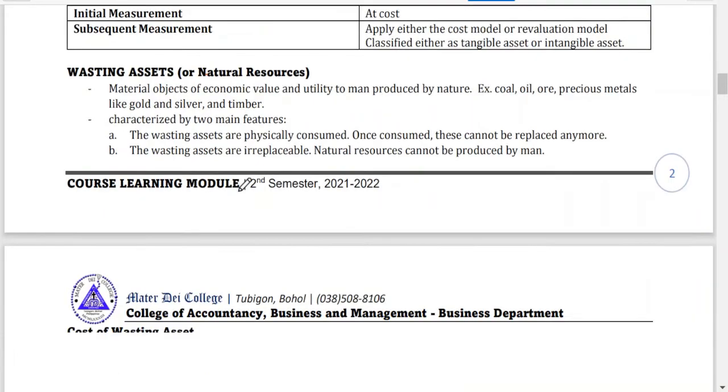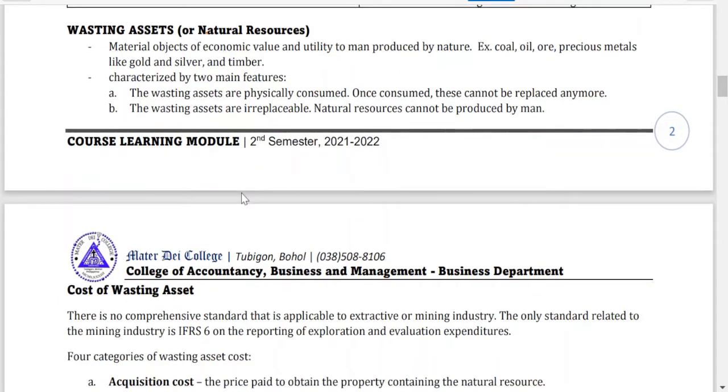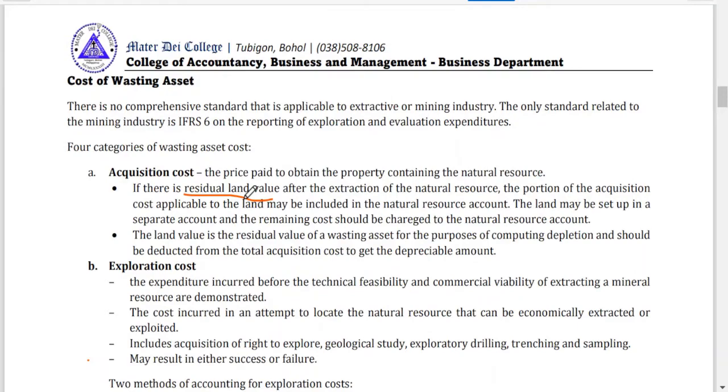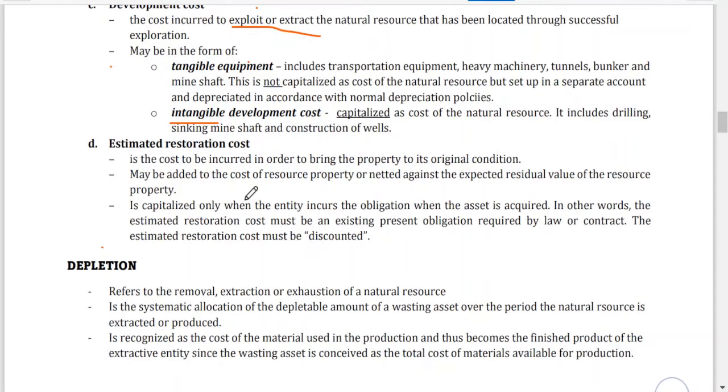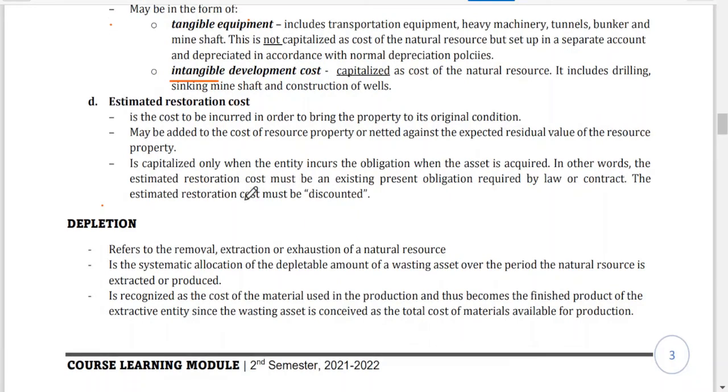Now, just like the PPE, the property, plant, and equipment, and also the intangible assets, we need to allocate the cost of the asset. So in allocating the cost of the wasting asset, we call it as the depletion. So depletion is a systematic allocation of the depletable amount of a wasting asset over the period the natural resource is extracted or produced.